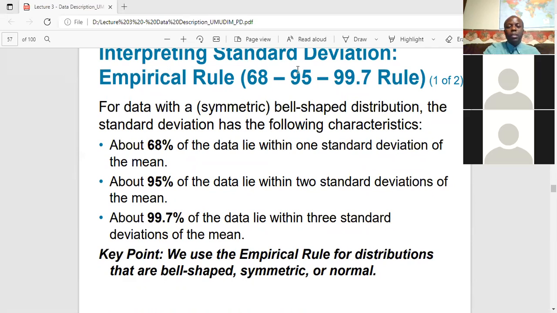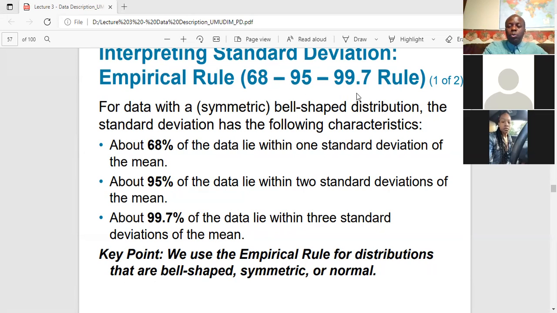Then about 99.7% of data values will lie within 3 standard deviations. Now, this rule is set in stone. So that means they apply in the case of normal distribution. And we call it the empirical rule, or you can call it the 68, 95, 99.7 rule.